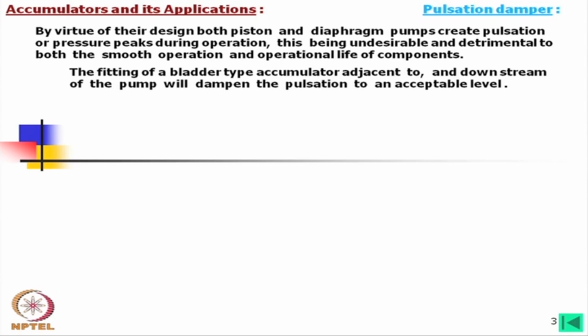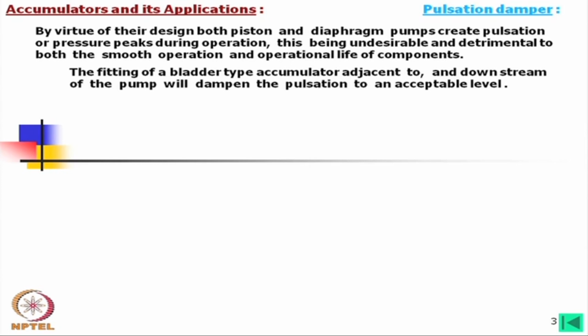We have not yet seen what an accumulator is, but as I told, there will usually be a vessel made of steel metal body, and inside there will be a bladder. Say for example, inside the bladder there will be air or some gas, and the rest of the portion will be occupied by the oil.